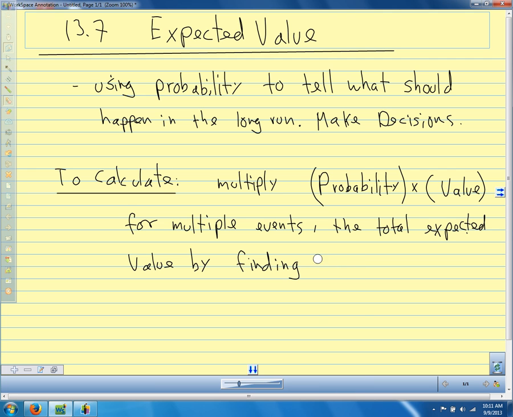I'm going to use EV as an abbreviation so we don't have to keep writing it. Finding EV for each part, and then we add all of them together.